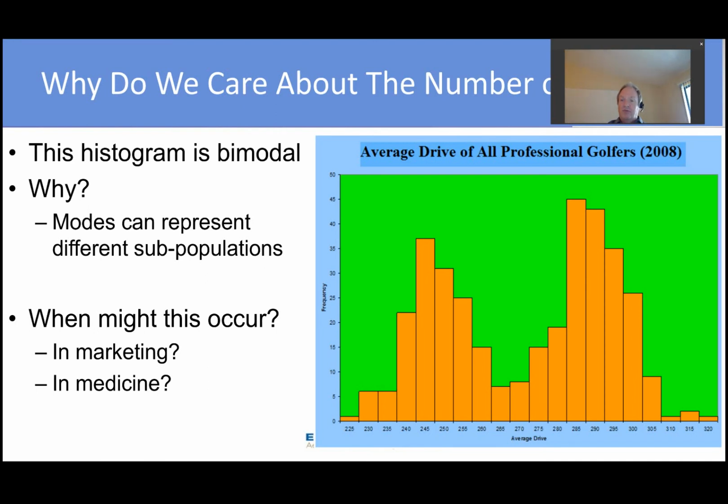If you look at the variable height and you go back to the 1950s and you were to make a histogram of heights from a population containing both men and women, you would see this sort of bimodal distribution. Women were considerably shorter than men, but women are catching up. Who knows why, right? But they are.